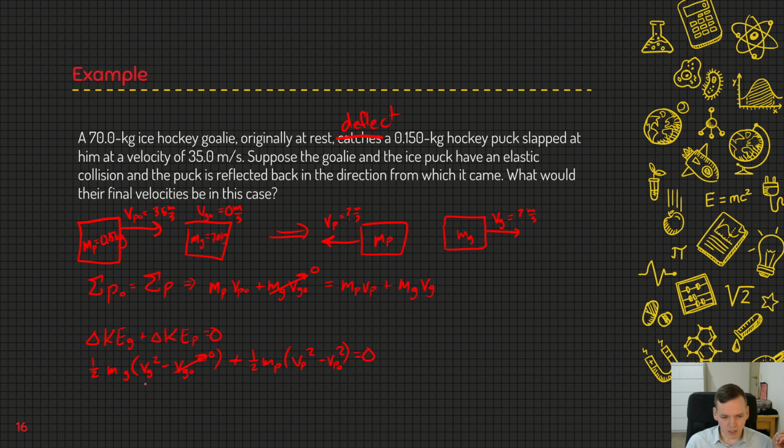So now our unknowns are the final velocity of the puck and the final velocity of the goalie. This is a system of equations with 2 unknowns and 2 equations.